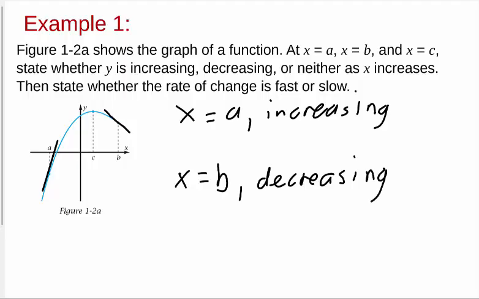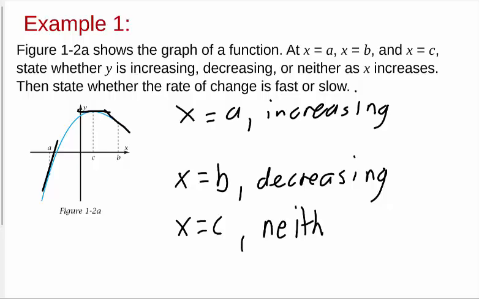Right. x equals c. We're at the top of the graph here. If I draw a line, it's flat. It's a flat line there. So that means at x equals c, it's not increasing and it's not decreasing. So it's neither.